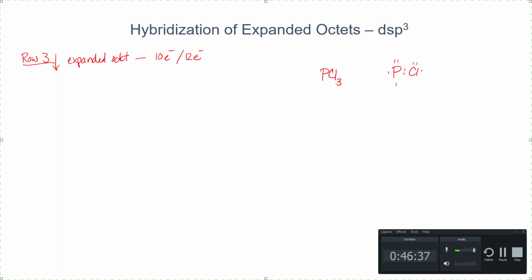And I'm going to put the chlorines in, because each chlorine's unpaired electron would be used to form the sigma bond with the phosphorus. Now, in PCl3, what would be the phosphorus's hybridization? The video is going to stop and you're going to choose.